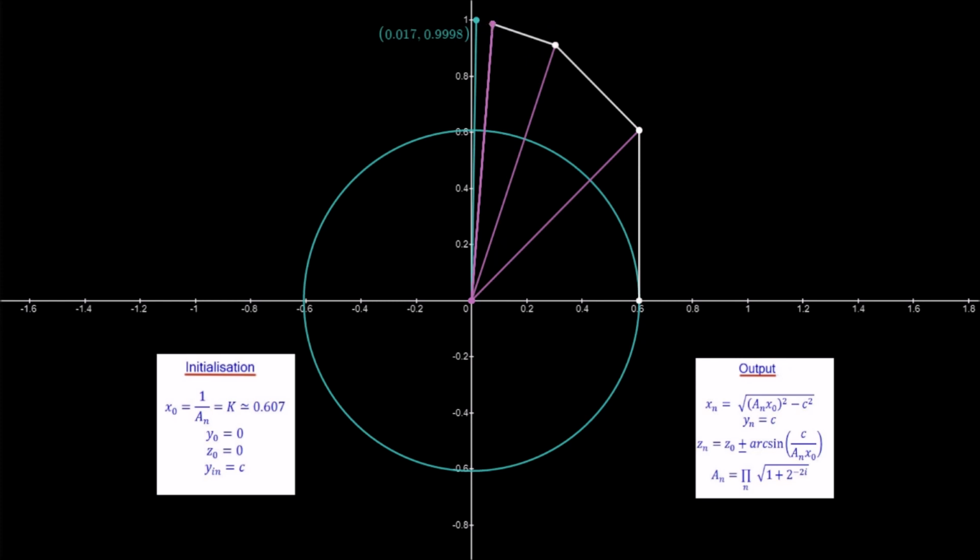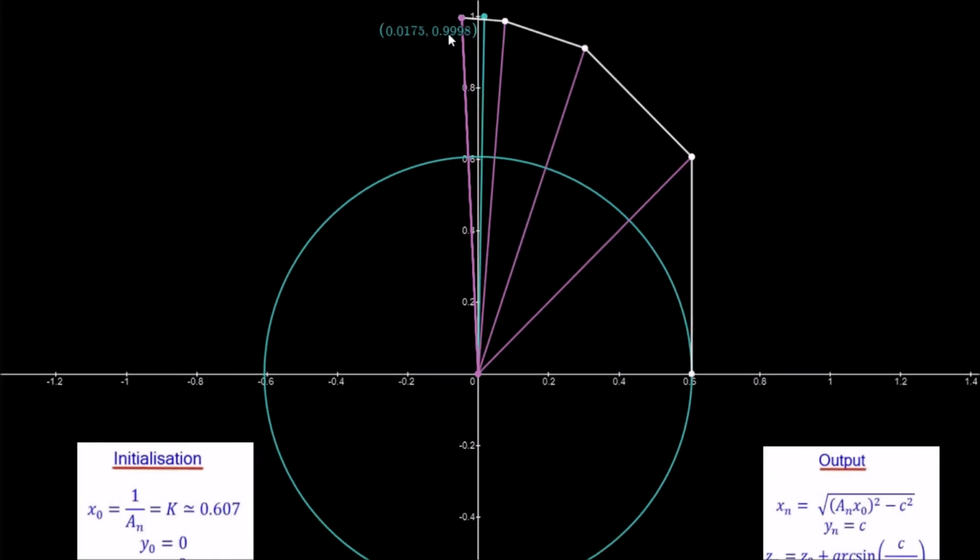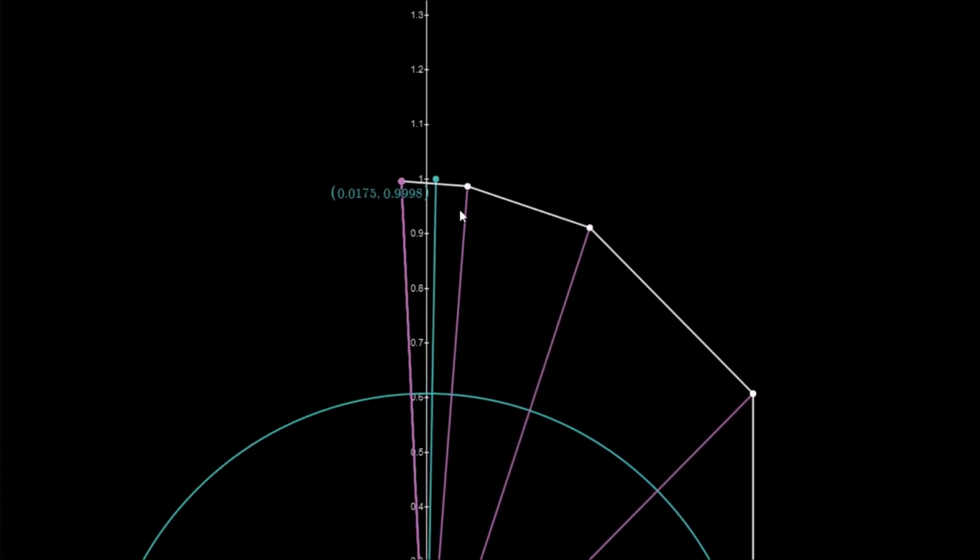So we add on the next value. But now what's happened is we've gone into this other second quadrant here. And in this second quadrant, because it's in a circle, this drops down again. So this height here, the pink height, is 0.996, and it's less than the height here, which is 0.999.